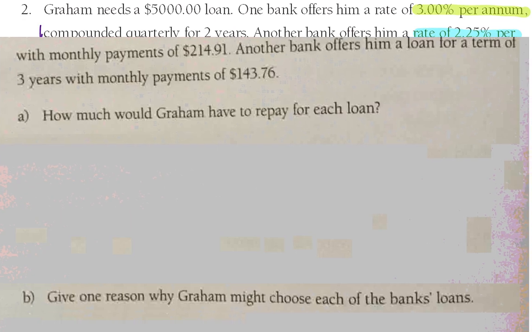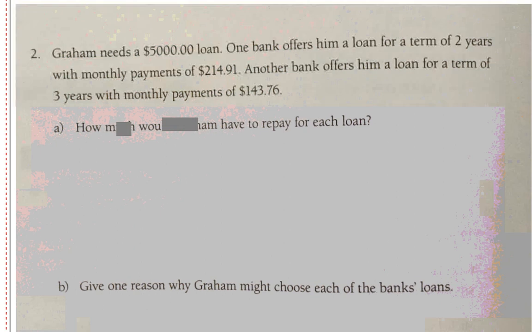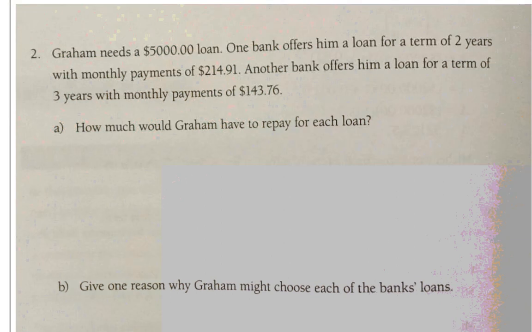Okay, so yours says Graham needs a $5,000 loan. One bank offers him a loan for a term for 2 years with monthly payments of $214.91. And a second one offers him a loan for a term of 3 years with monthly payments of $143.76.